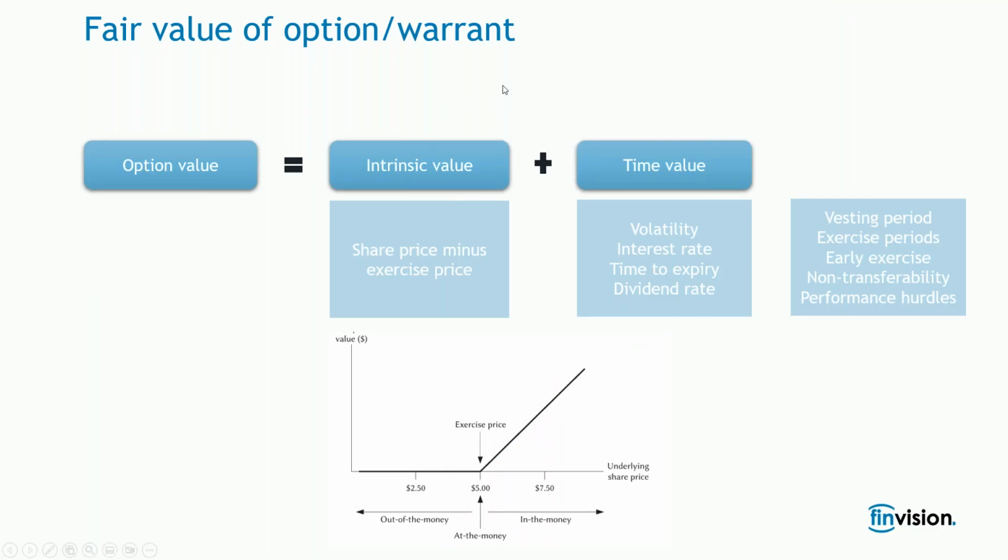That's classical: the fair value of an option is not only the intrinsic value. The intrinsic value is the share price minus the exercise price at a certain point in time, today, at grant date, for example. In many cases, the intrinsic value at grant date is 0, because normally the exercise price will be based on the share price at a certain point in time.